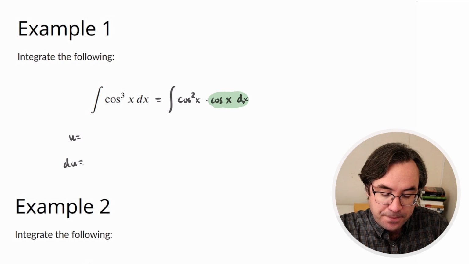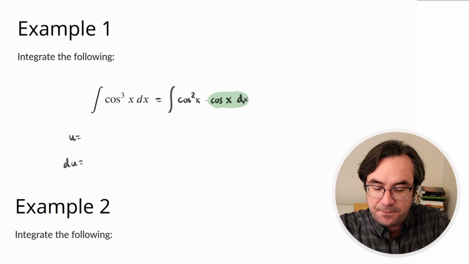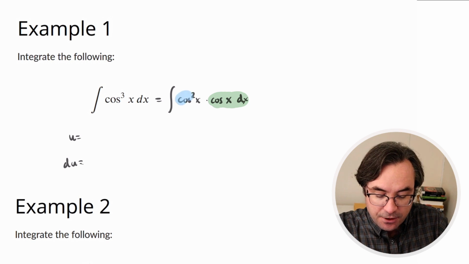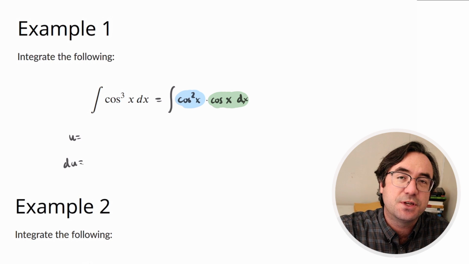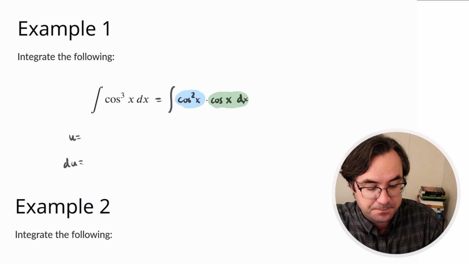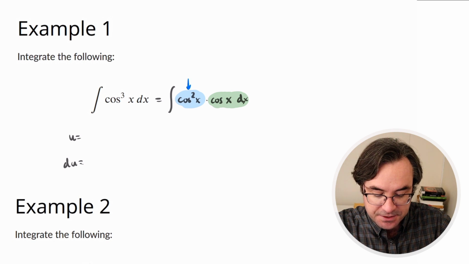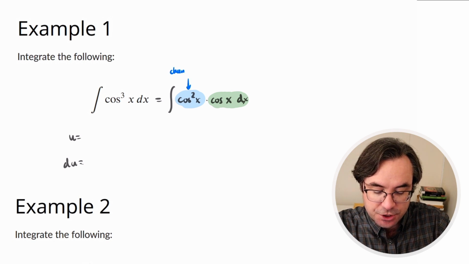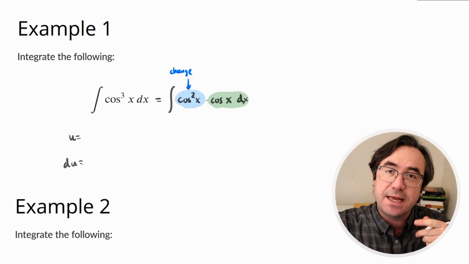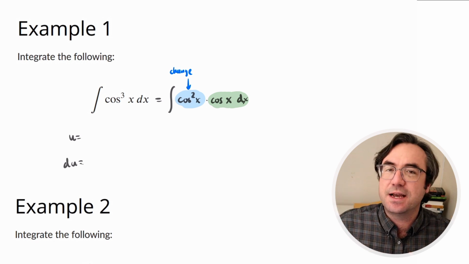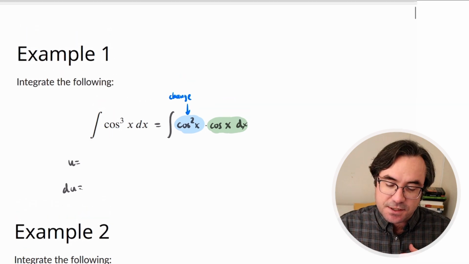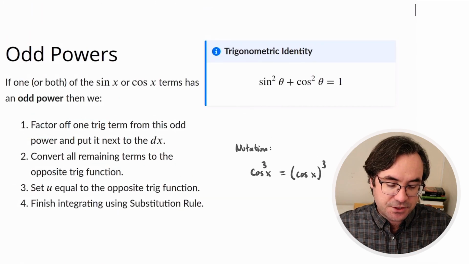All right, so once we've peeled that off, everything that's left over, we want it in terms of the opposite trig function. So in this case, we're going to change all of our cosines. You want to think of sine and cosine as kind of like opposite functions in terms of this trig identity.